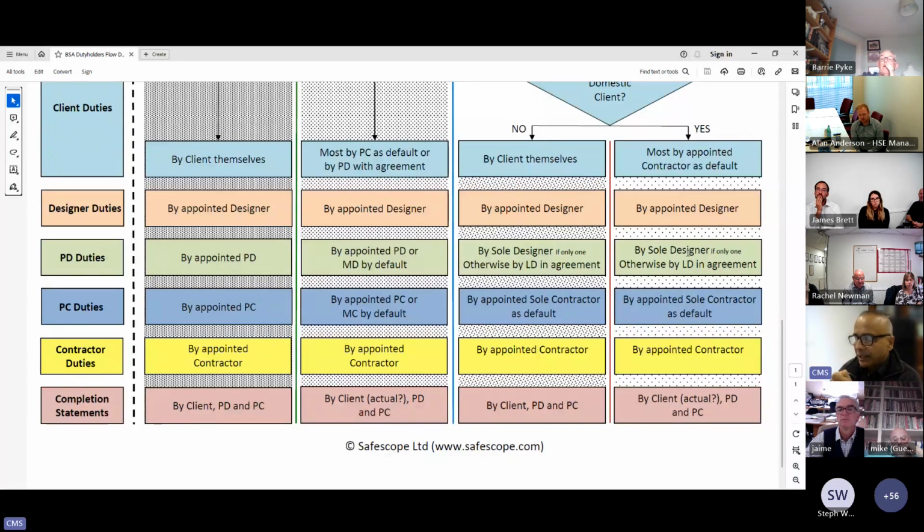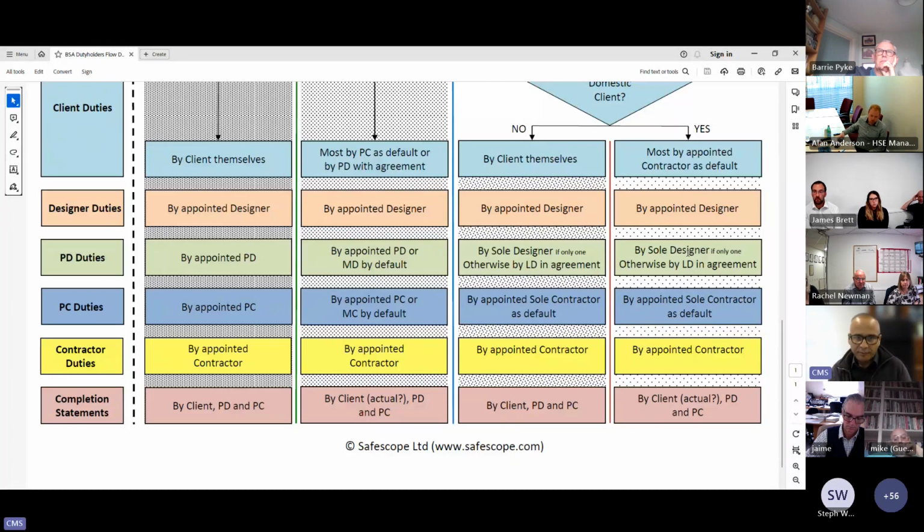But what the regulations say is, if there's only one designer, that designer will also perform the principal designer duties by default. If it's more than one designer, then the designers have to agree among them in writing who will perform the principal designer duties.